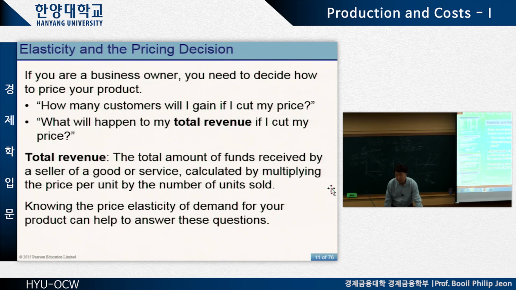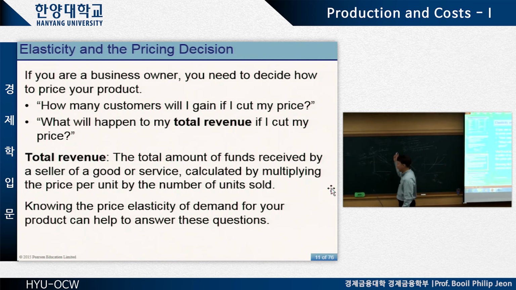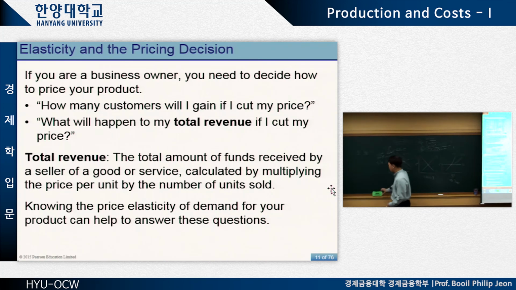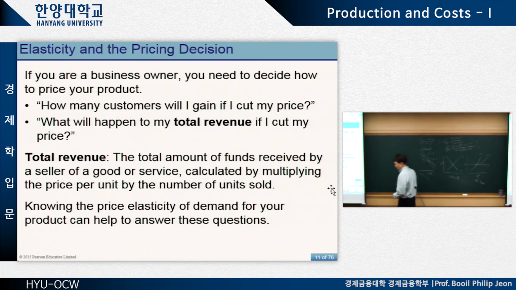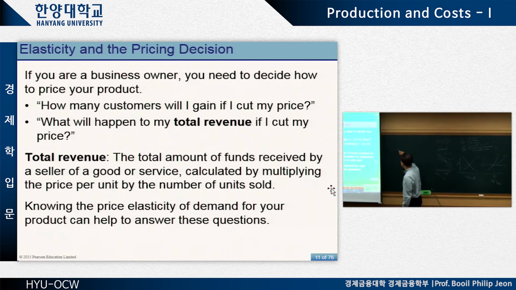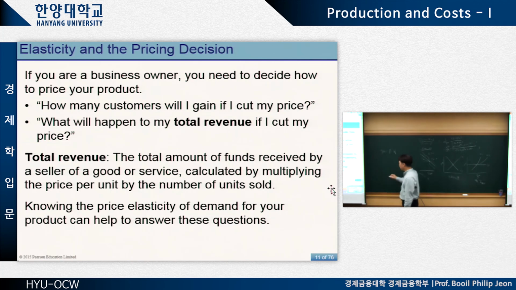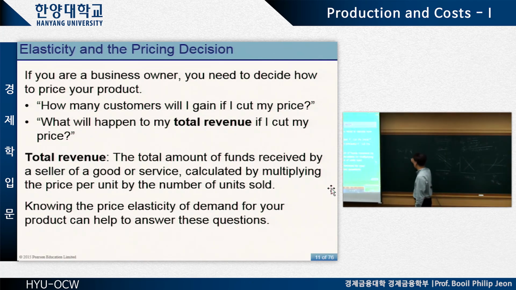Okay, so the rest of the chapter is about the relationship between elasticity and total revenue. I already explained this last class, if you remember. I used the example of total revenue, which is P times Q. What if price was $10 and quantity was 1,000 units?